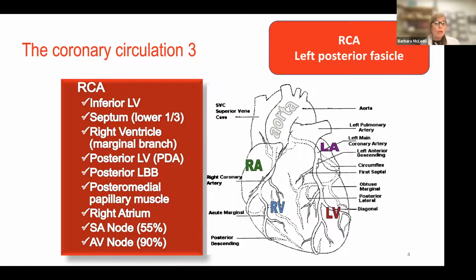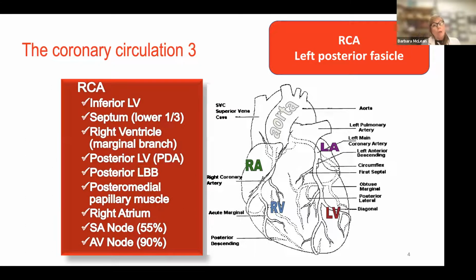So again, the superhighway to the left has two divisions, the anterior division and the posterior division. The common bundle splits anterior and posterior. So you have two divisions supplying electrical activation to that big old massive left ventricle.